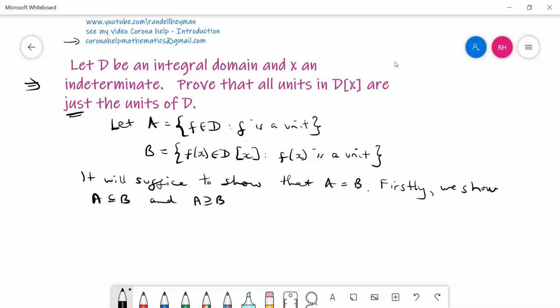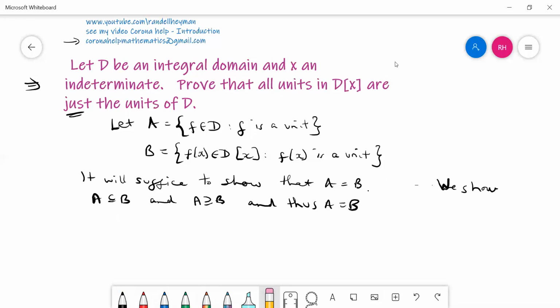This bit says B is a subset of A. In fact, we're not going to say firstly anymore because we'll say that in a sec. So we'll just say we show this, and thus A equals B. So what I'm saying is if we show this and this, the proof is done.